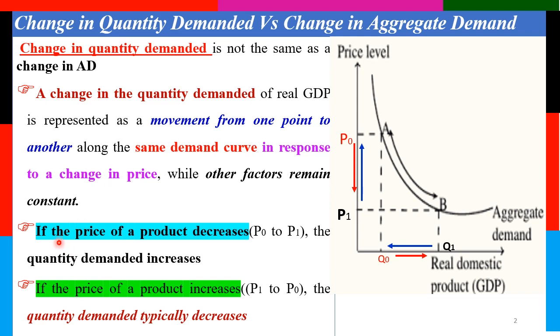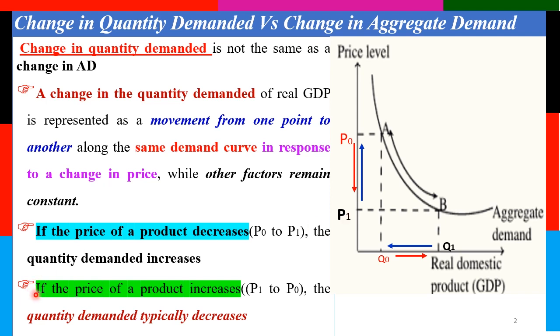That means if the price of the product decreases, let's say from P0 to P1, the quantity demanded or real GDP increases from Q0 to Q1. So we can move from point A to point B when the price of the product decreases from P0 to P1.